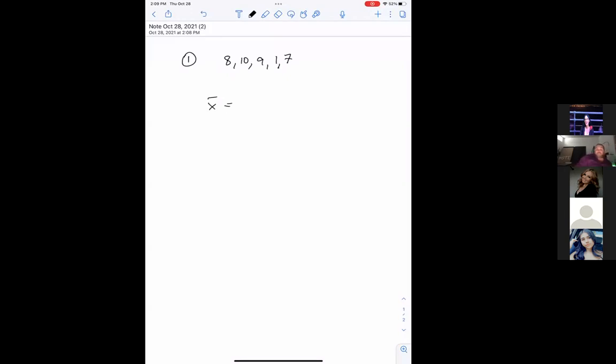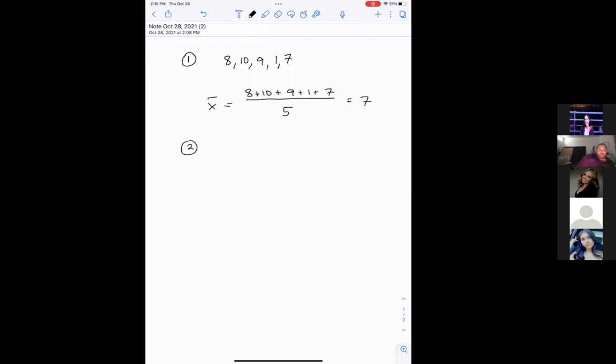You should hopefully have internalized this. How do you calculate the mean of a certain number of scores? Add them all up, and then you divide by the number of scores, by 5. Add them up, divide by 5: 10, 18, 27, 20, 35 over 5, and you get an average score of 7.